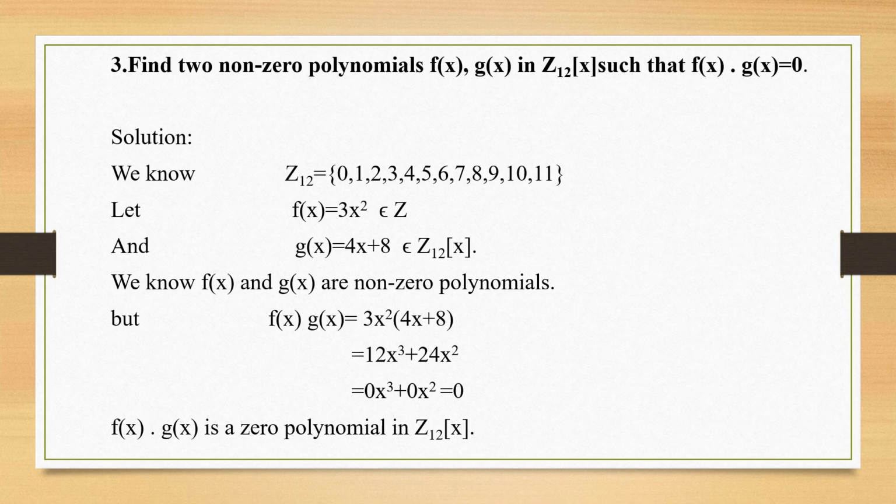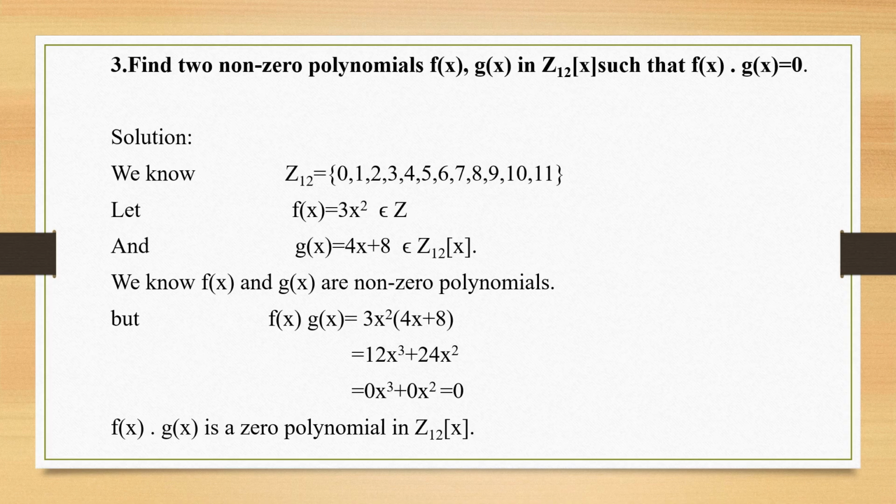So we have to find the coefficients such that it's perfectly divisible by 12. What are the Z12 elements? Starting from 0 to 11. So choose two polynomials randomly using these numbers as coefficients such that the product will be related to the multiples of 12.